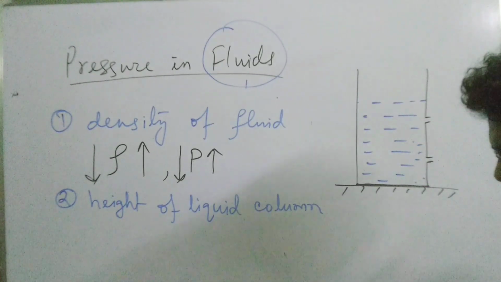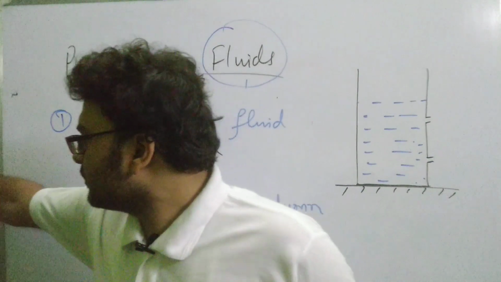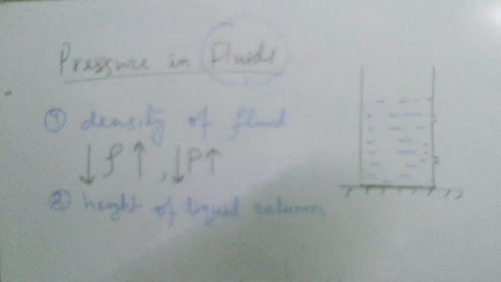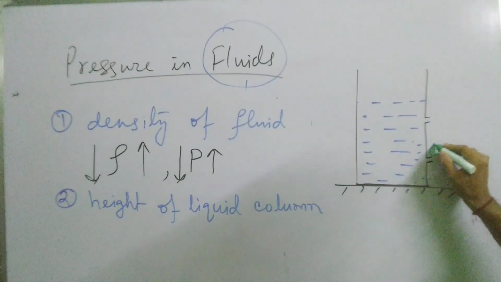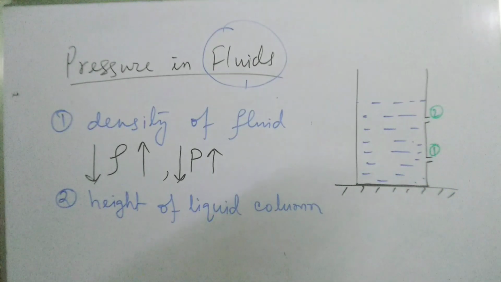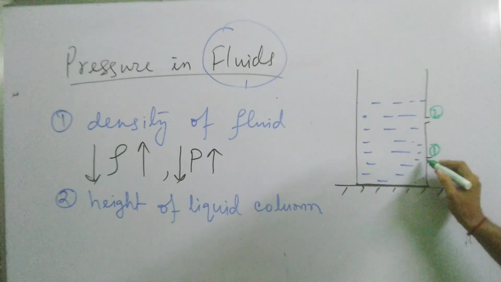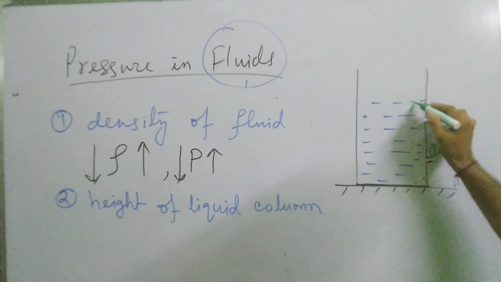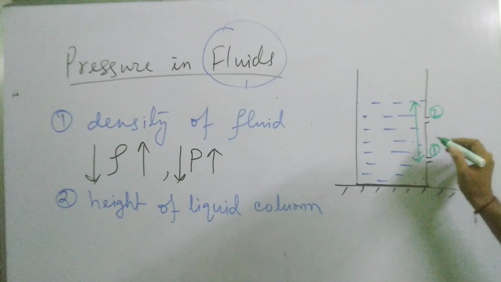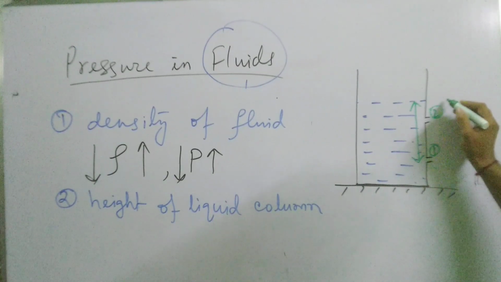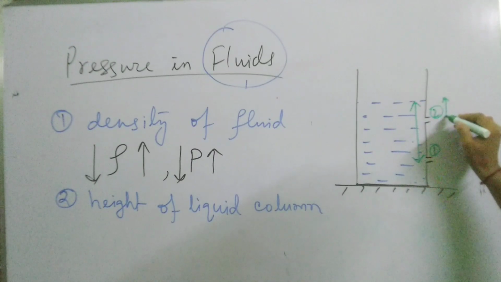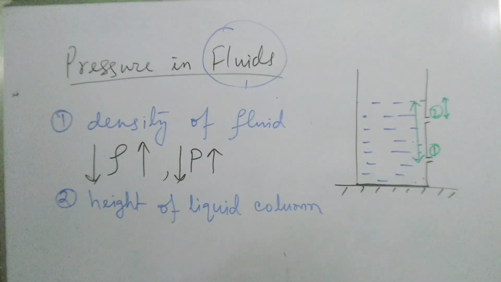So this is point 1 and this is point 2. If I consider point 1, the depth of this point from the free surface of the liquid is more than the height of the liquid above point 2, isn't it?